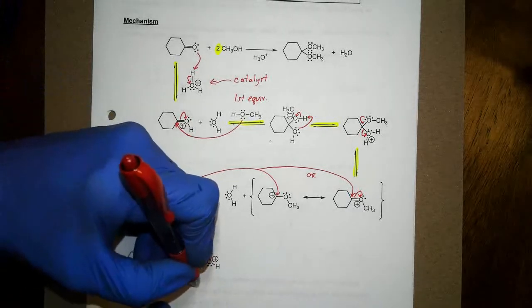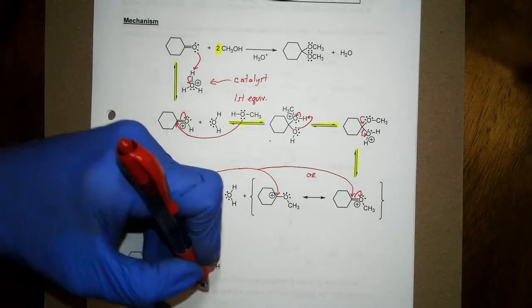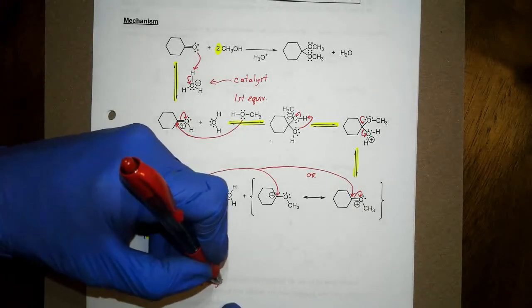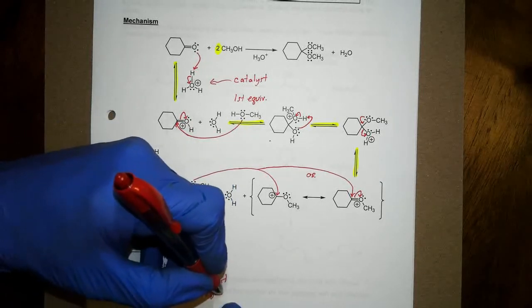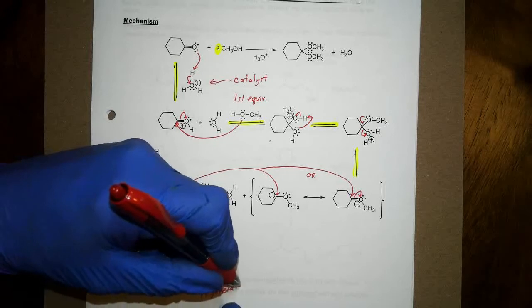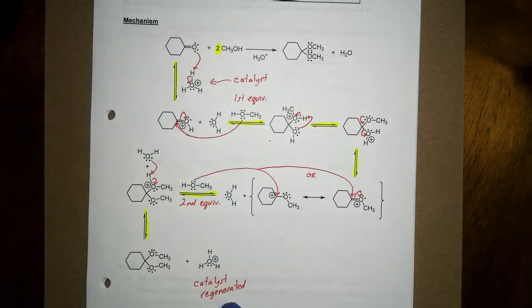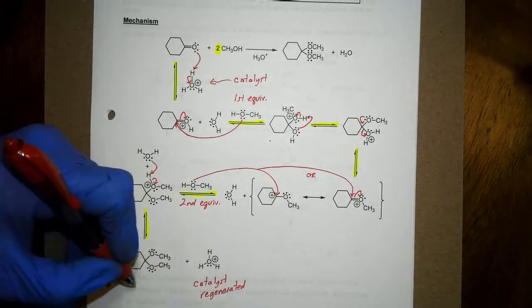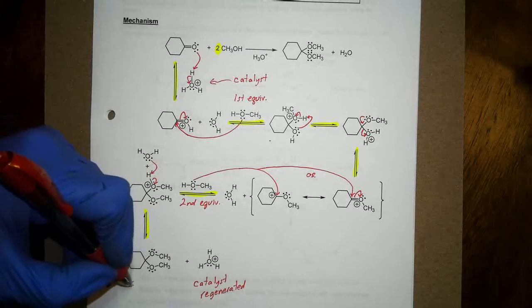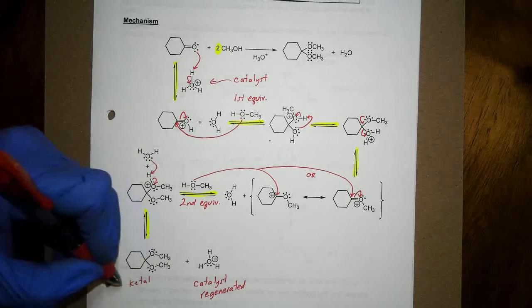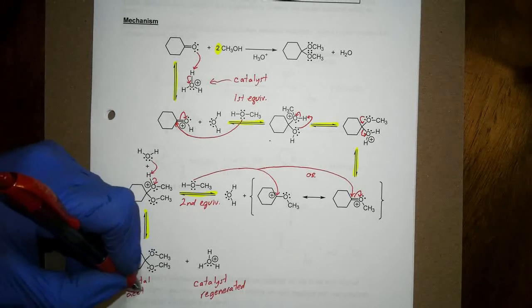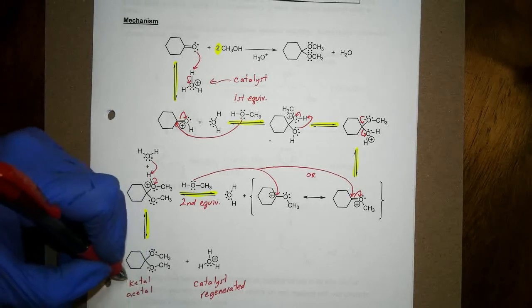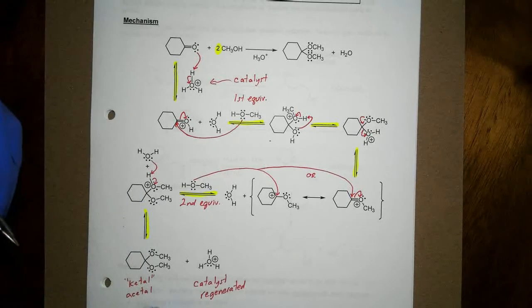So here's our catalyst, our catalyst regenerated. You can see it there. And here's our ketal, or if you want to call it acetal, because that's the more general name. It's a ketal because it came from a ketone, but it belongs to a category called acetals.